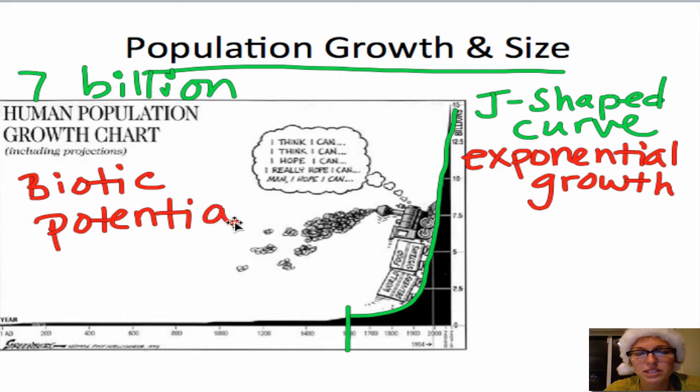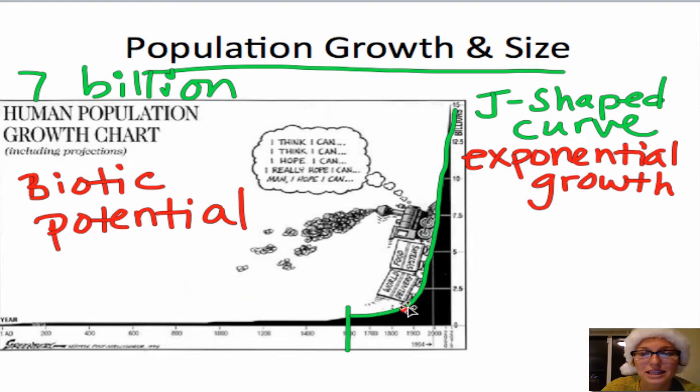And biotic potential is basically the maximum growth rate of a population given unlimited resources, unlimited space, and lack of competition from predators. And this is what we're seeing with the human population. We are in biotic potential.